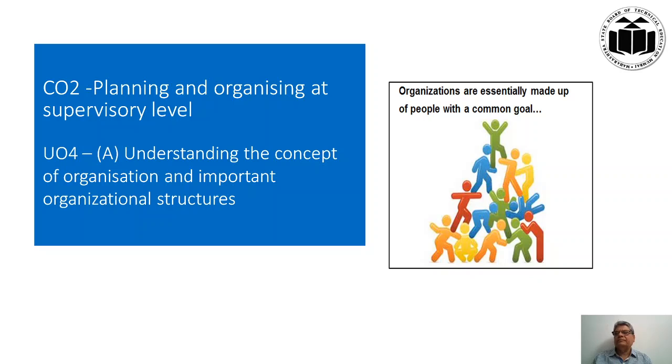Mind well, organizations are made up of people. They are not made up of animals or machines. Animals form a herd, but they do not form an organization. That means they come together for their survival, but not to achieve certain common goals.